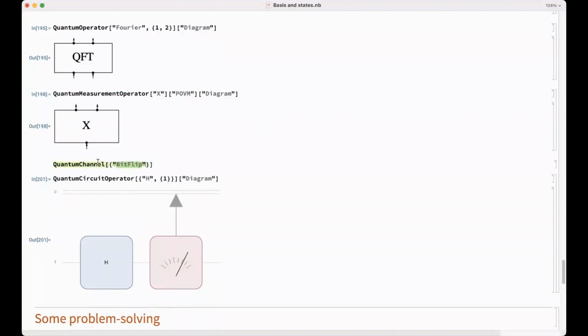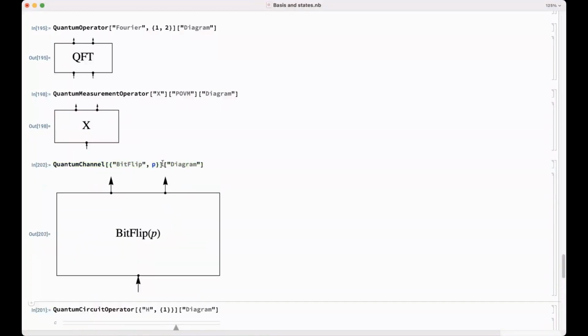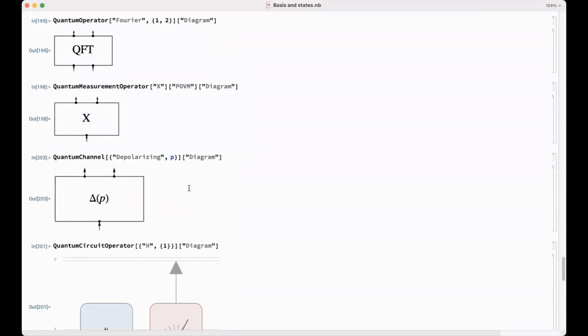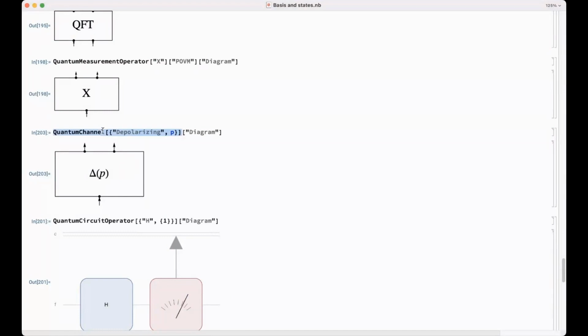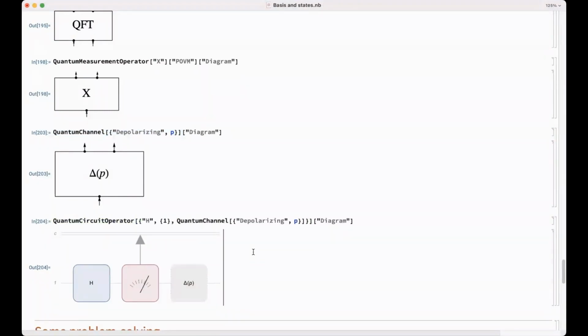Create some random channel like bit flip. And this diagram is also going to contain one additional output. It's not shown in the circuit diagram, unfortunately. That's what we are thinking about, how to actually show it, because it's not storing that additional output anywhere. It contracts it immediately. That's the property of a quantum channel.